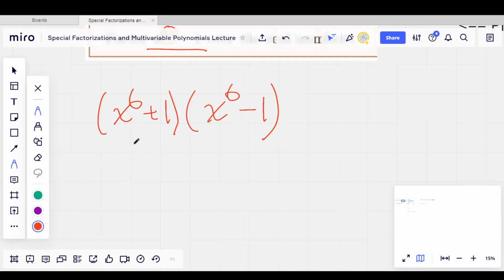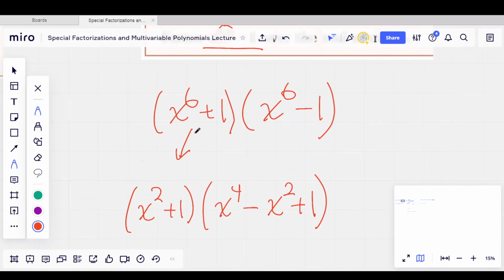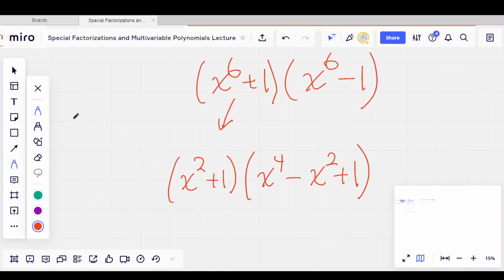Okay. Now you have this 6, and you notice that is also a cube. So now you just factor this one as x squared plus 1 times x to the 4th minus x squared plus 1, because you're basically letting y equal x squared, and you're just expanding y cubed plus 1.